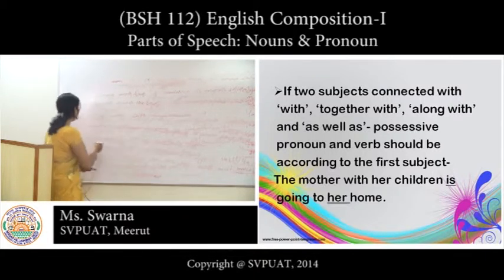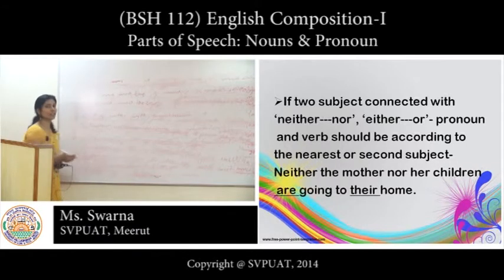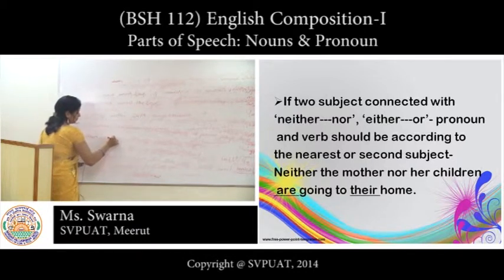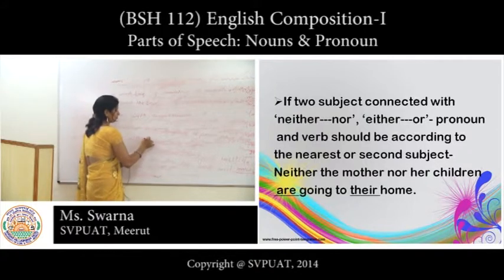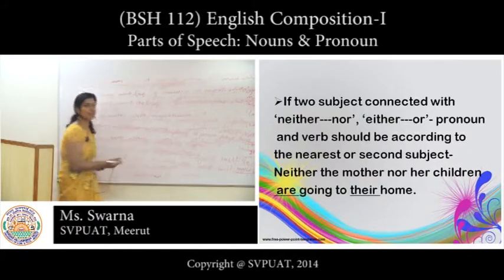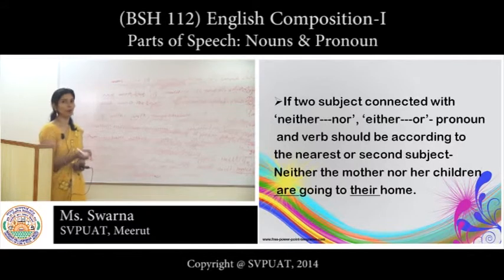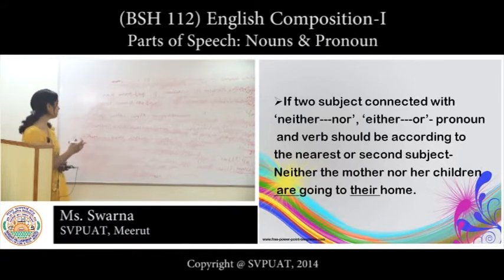And when we connect two subjects with words like neither nor, either or, then we will use the verb or pronoun according to the second subject.